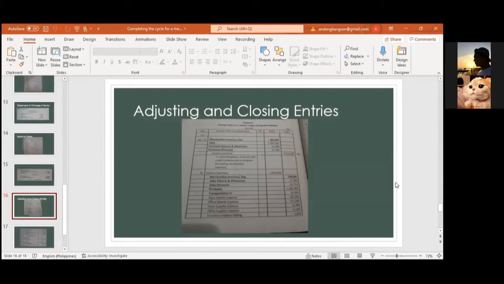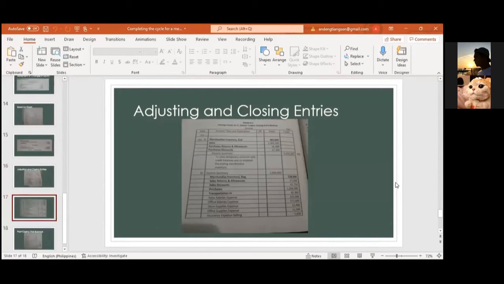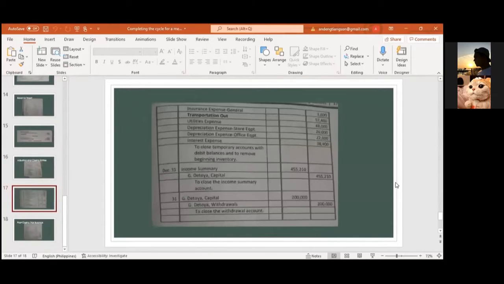So here, we're transferring the debit balances in the expense accounts and contra revenue accounts to the income summary. Next is closing the income summary to capital. And lastly, closing the withdrawal account by transferring the withdrawal account to the capital account.